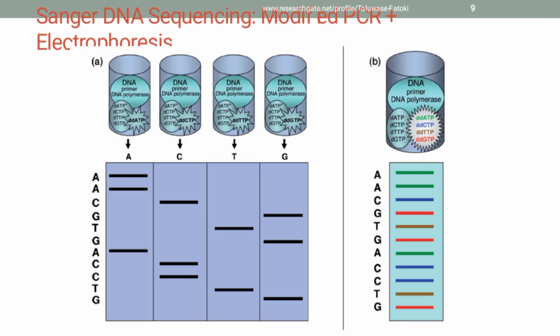So he read the sequence from the bottom upward, GTCCA, GTGCAA. With that, he was able to discover the arrangement of nucleotides within the DNA sample of interest.